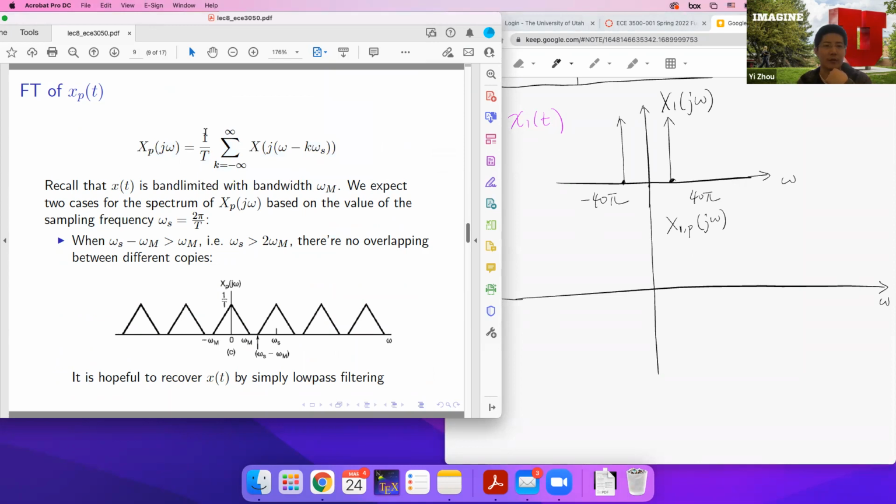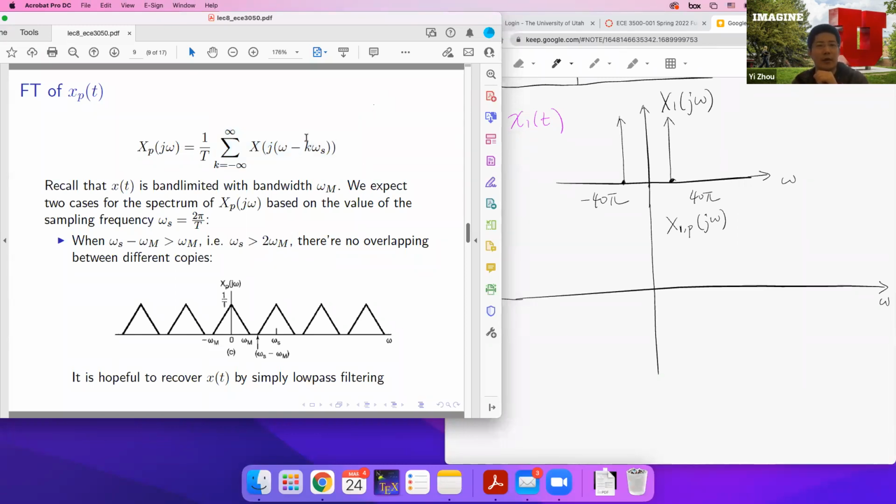First of all, we can ignore the scaling part because it doesn't change the time scale or the frequency scale, only the magnitude scale. It doesn't matter. So we can just focus on the summation part. The summation part basically says you are copying the original spectrum at different locations.